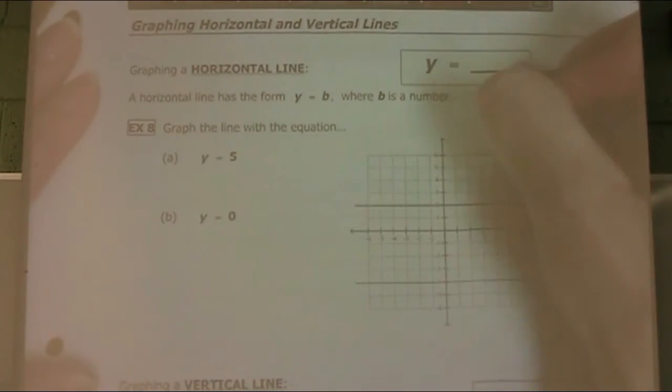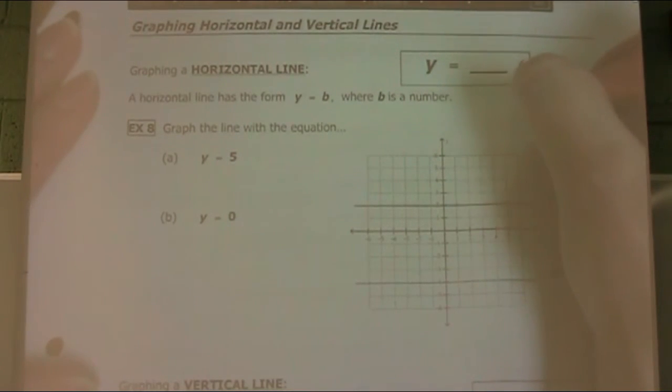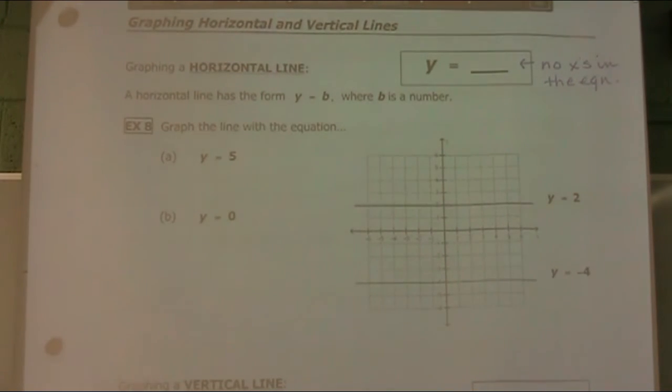In other words, there are no x's in the equation. If you have a line like that, it's a horizontal line. And this is something that you just need to remember.